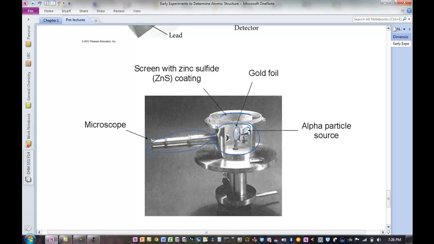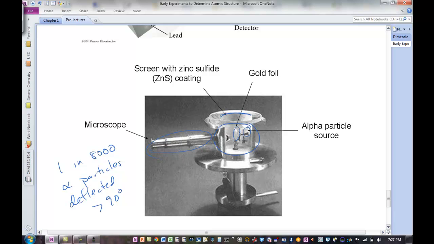And guess what? 1 out of 8,000 alpha particles deflected at an angle larger than 90 degrees.